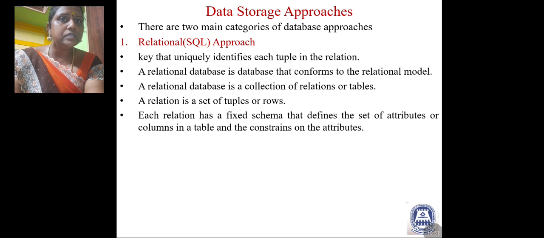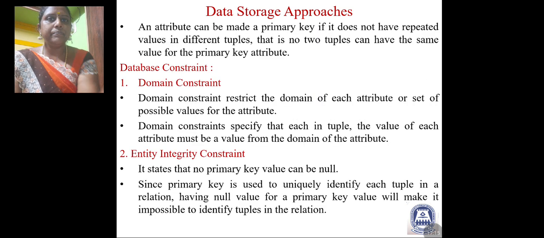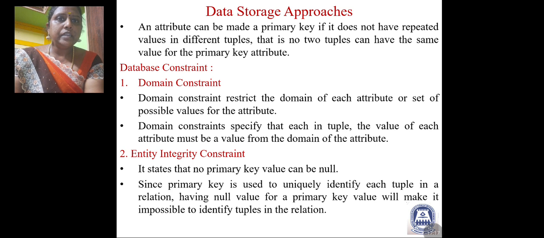In the relational database approach, this is the relational database that conforms to the relational model. A relational database is a collection of relations or tables. A relation is a set of tuples or rows. Each relation has a fixed schema that defines the set of attributes or columns in the table and the constraints on the attributes.